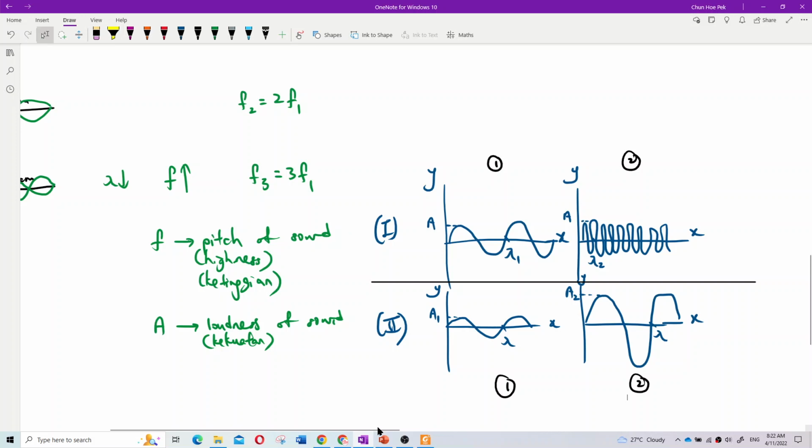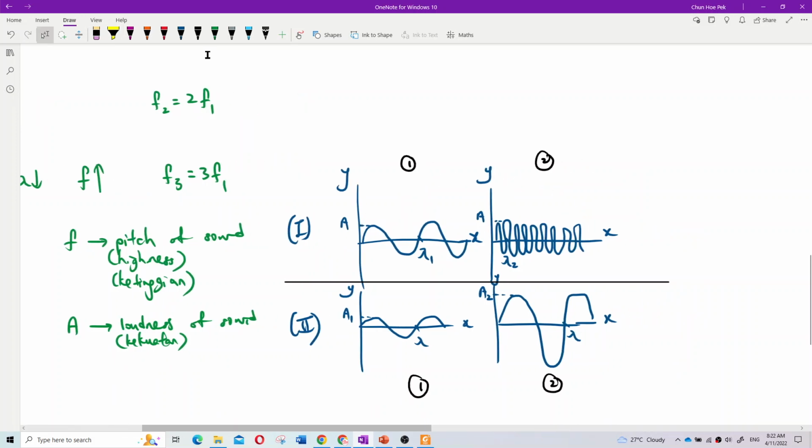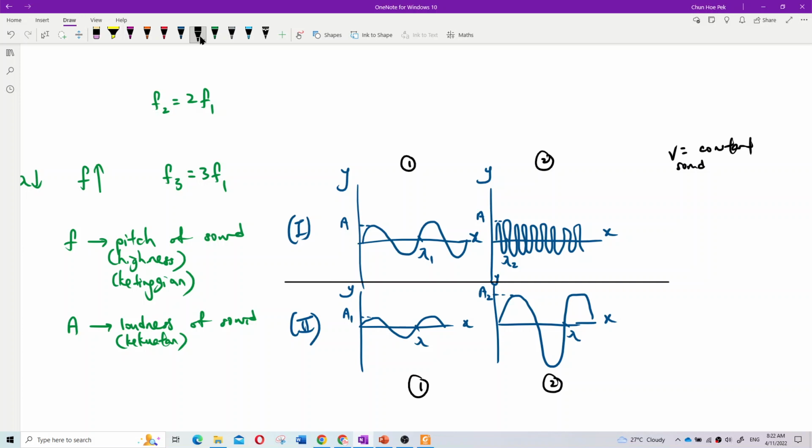We know that speed of sound is constant, which is speed of sound in the air is 343 meters per second. Okay, so v equal to f lambda. So the longer the wavelength, the lower the frequency, isn't it?